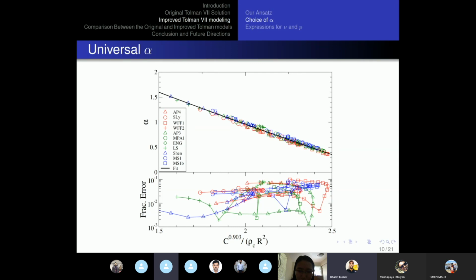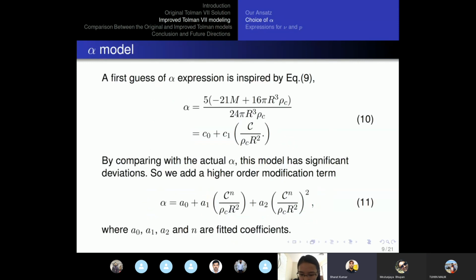Because you have shown some expression where you mentioned alpha. For example, in the case of a canonical neutron star, in equation 11, what is the value of alpha?